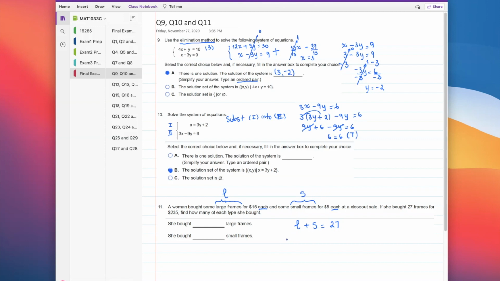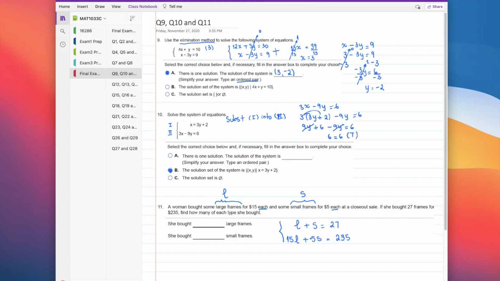So I know that $15 multiplied by the number of large frames plus $5 by the number of small frames, if I add those together, this woman spent $235 on all these frames, 27 frames. They want to know how many large ones she bought and how many small she bought.